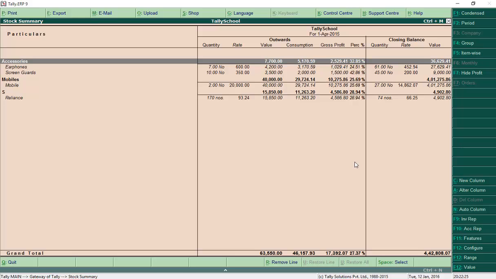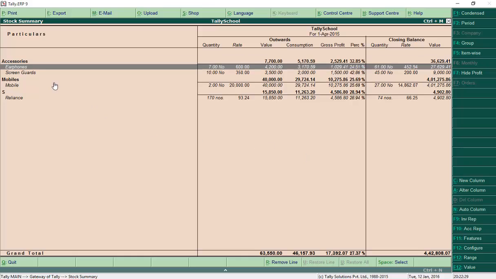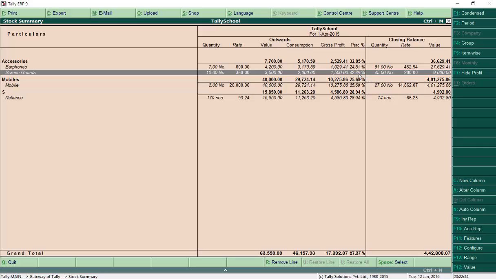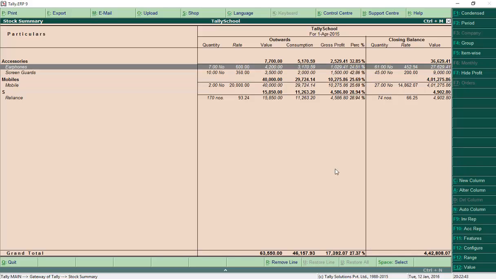You can take business decisions based on this, like which part of your stock is earning the highest. In this case, screen guards have the highest margin of 42.86%. So you may think of selling more screen guards, and the lowest margin is of earphones.